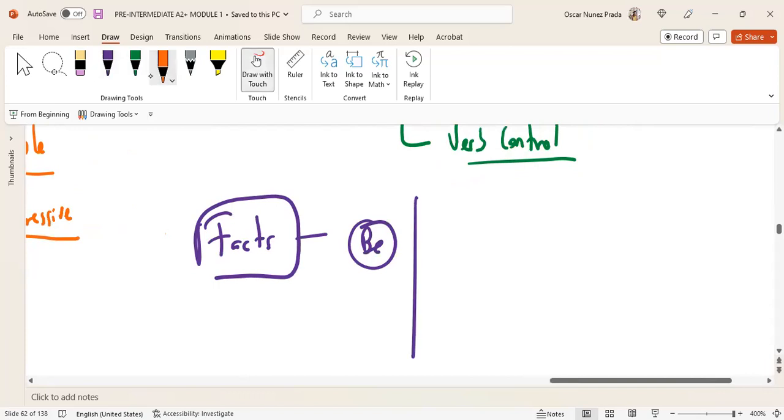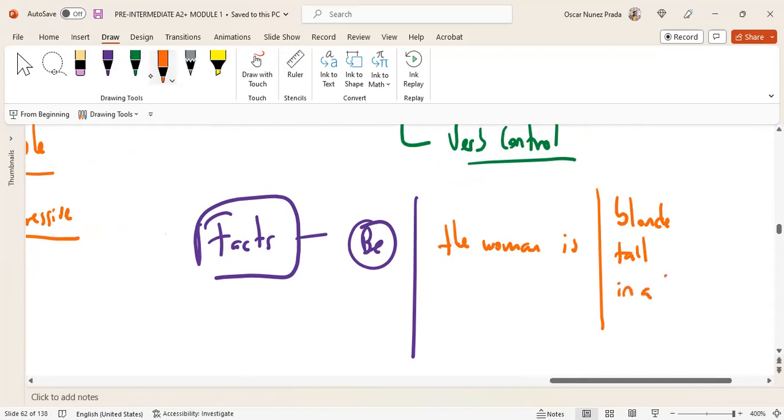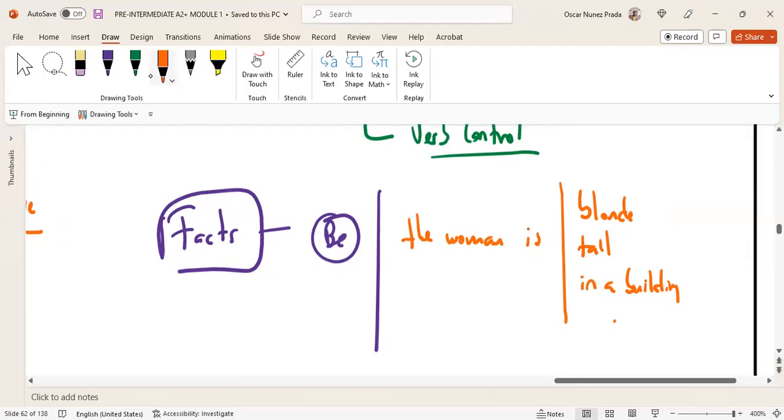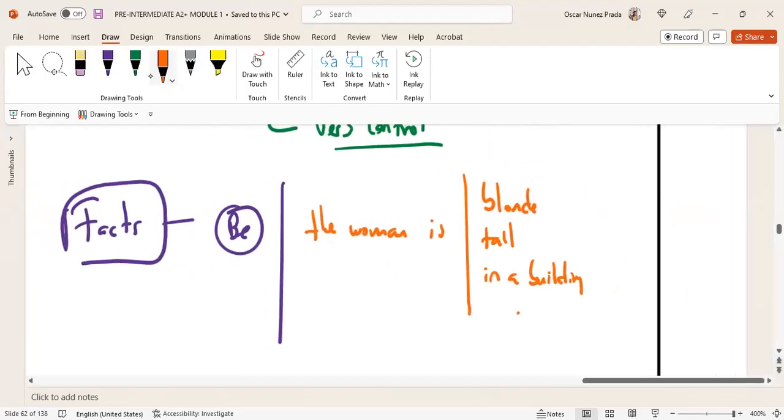For example, the woman is blonde, or the woman is tall, or the woman is in a building, for example, okay? All right, so here we just have facts, or as we say in Spanish, hechos reales. The woman is blonde, tall, in a building.